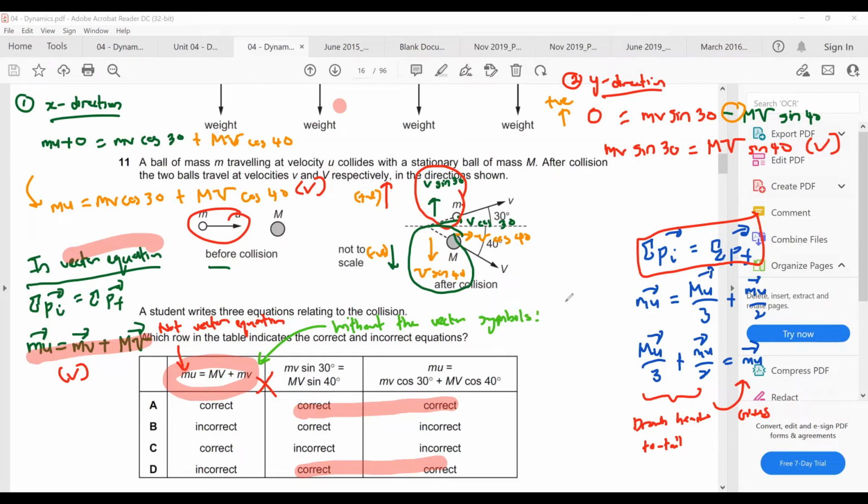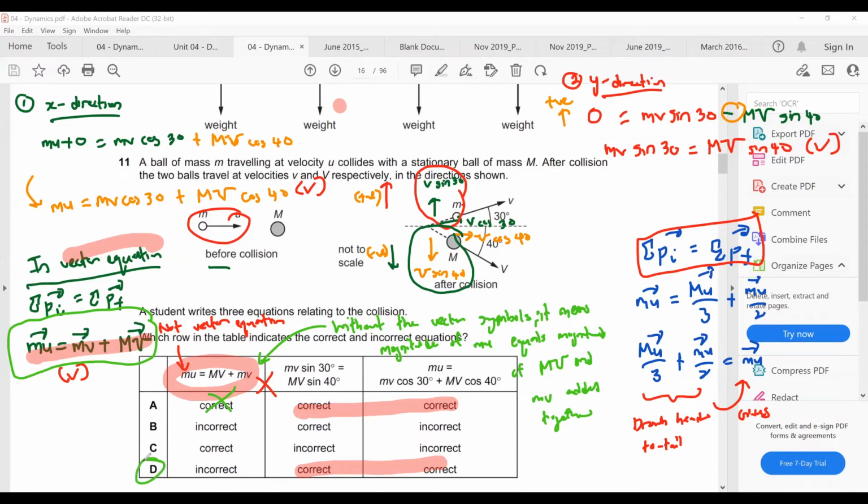Without the vector symbols, it means magnitude of mu equals magnitude of mv and mv added together. All right, that's why this is wrong. It must be in vector symbol for this one to be correct. So this one is out. The only answer choice you have is D.